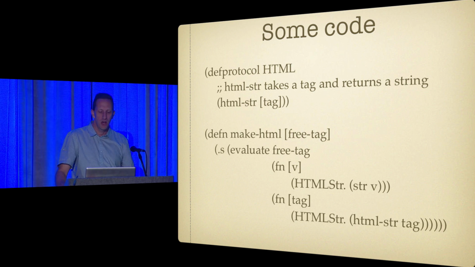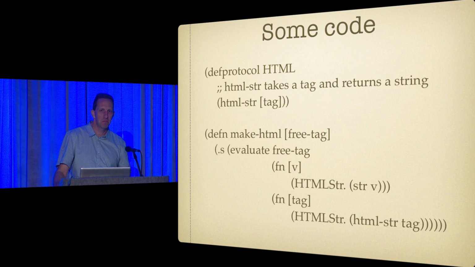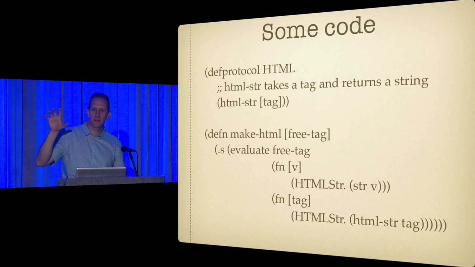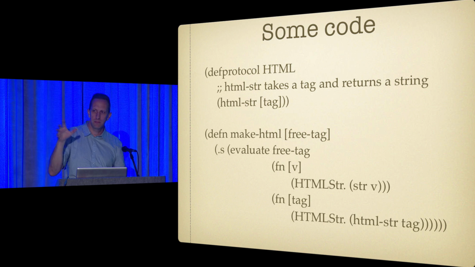So then, because we have this tag record type, we need a function that we can extend that record type to implement to generate HTML strings. So that's the defprotocol HTML. And then define a little helper function for us, make HTML.